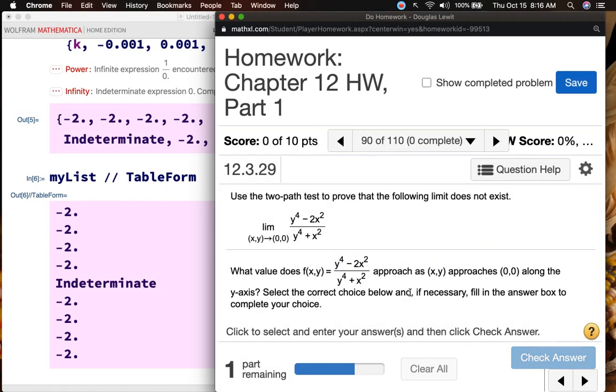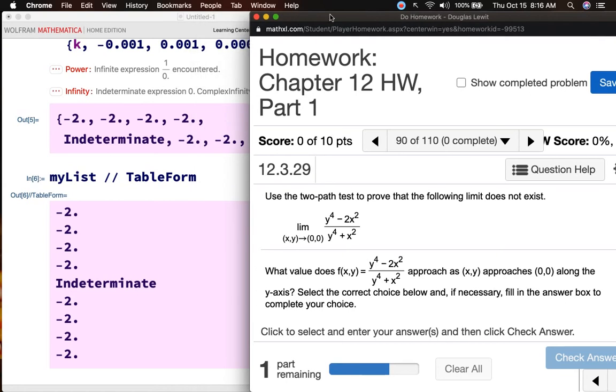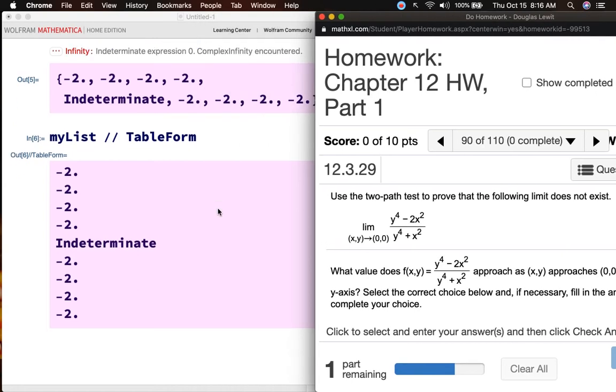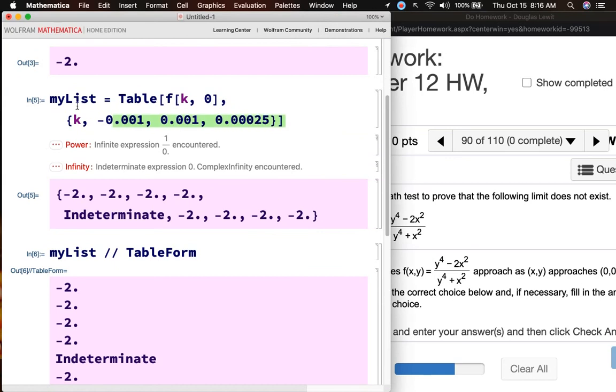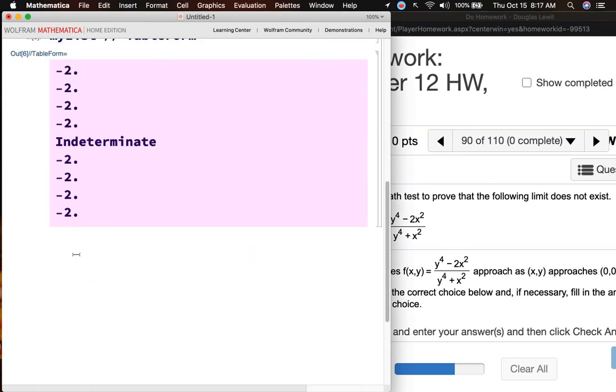So now we're being asked, what value does f of x and y approach as x, y approaches 0, 0 along the y-axis? We can do the same thing. Let me just copy and paste.